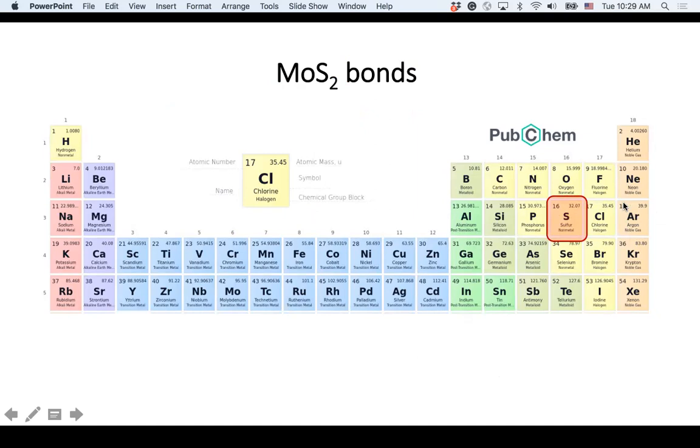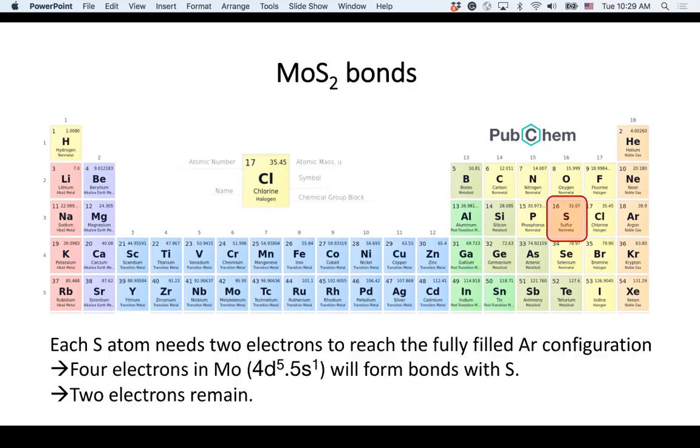And you have MoS2. So 1 Mo atom corresponds to 2 sulfur atoms, and each sulfur atom needs 2 more electrons to reach the full shell. So totally, the Mo atom needs to contribute 4 electrons. So 4 electrons in the Mo atom will form bonds with the S atom.